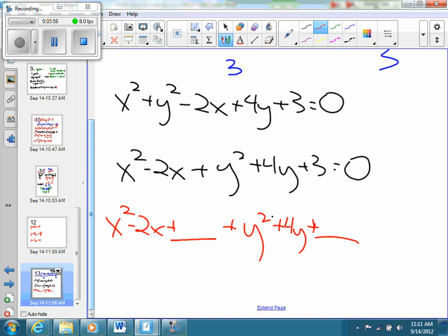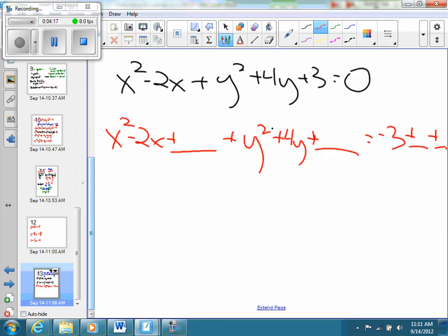I'm going to move my 3 to the other side, is equal to negative 3 plus blank plus blank. I have these 2 blanks, so if I add them to the left side, I'm going to have to add them to the right side. So I took my constant, I moved it over to the right side to get going here, and now I can just complete the square on these 2 things.